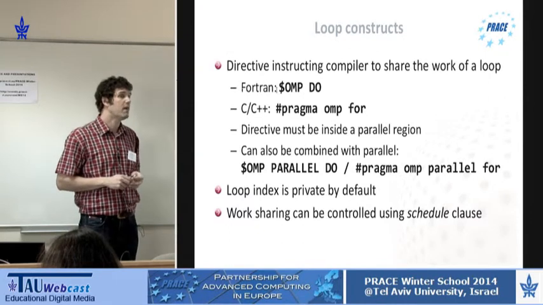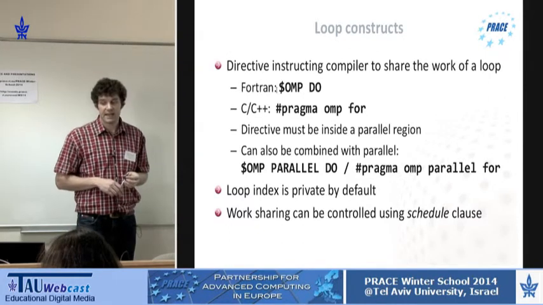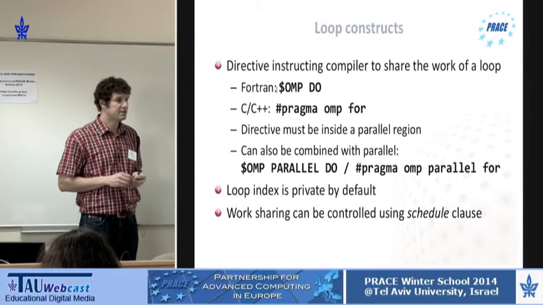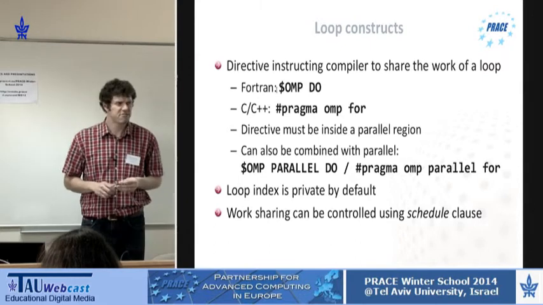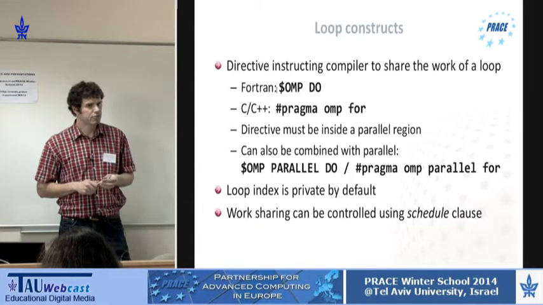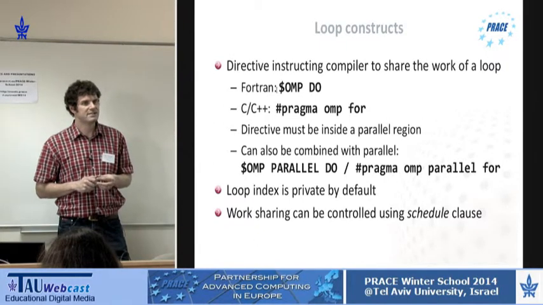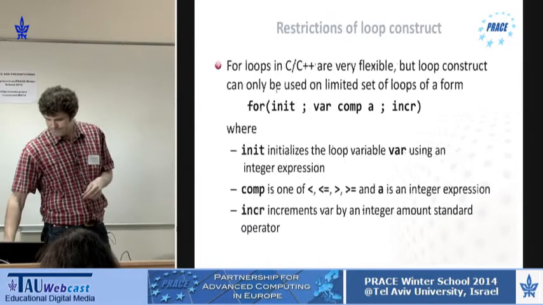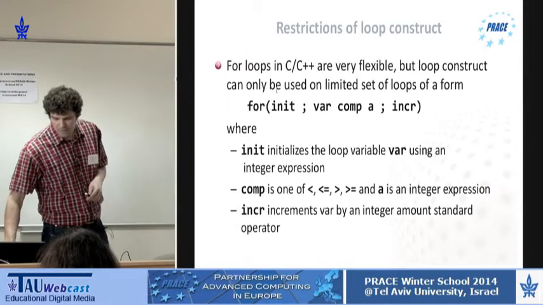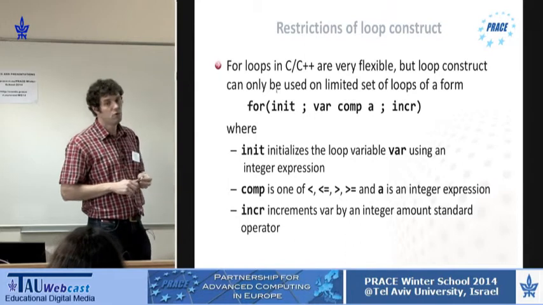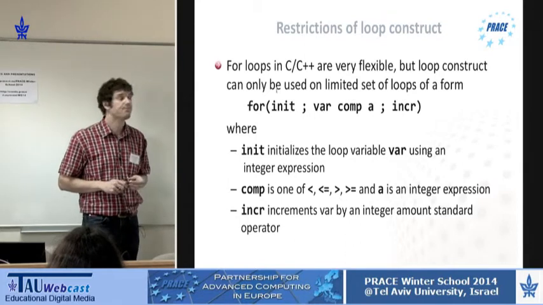The outermost loop index is private by default, but the innermost loop indices are not. I think there is actually some difference between Fortran and C in how these innermost loop indices are treated, but in most cases it's safest to put them all private explicitly. There are some restrictions on what kind of loop constructs one can use in C code.